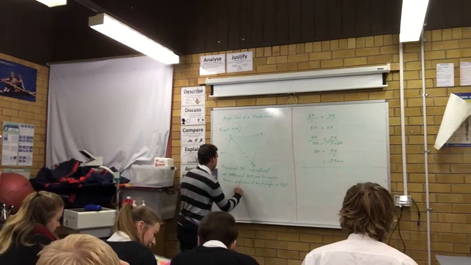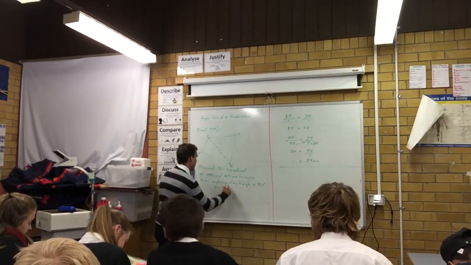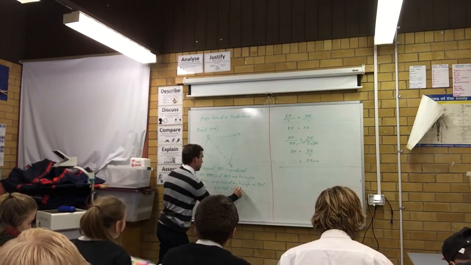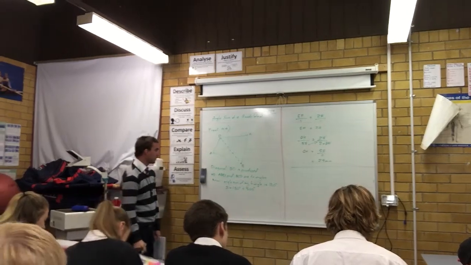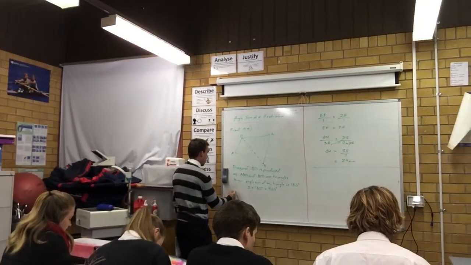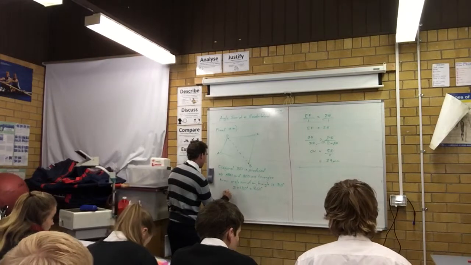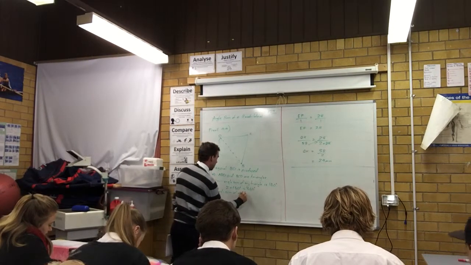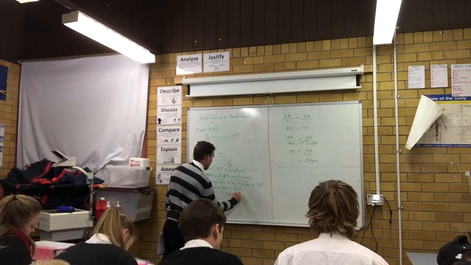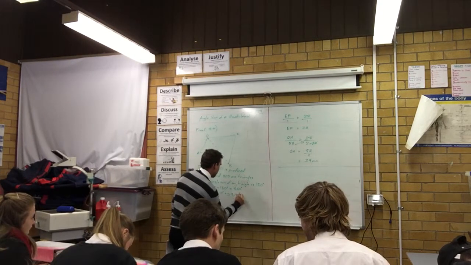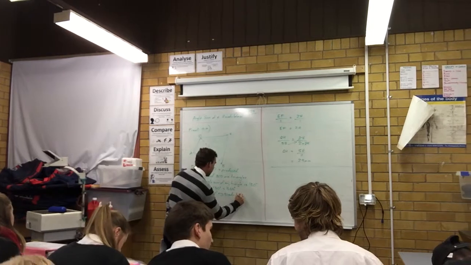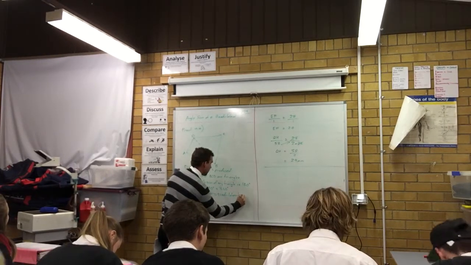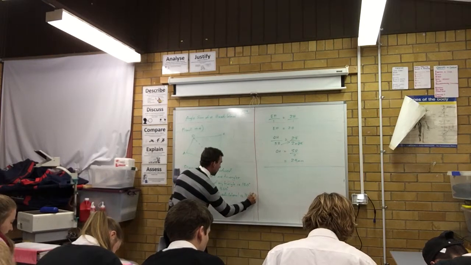So 2 times 180, which is 360 degrees. Therefore the angle sum of any quadrilateral is going to be 360 degrees.